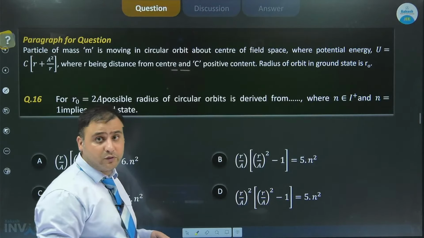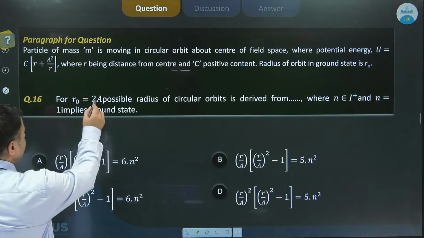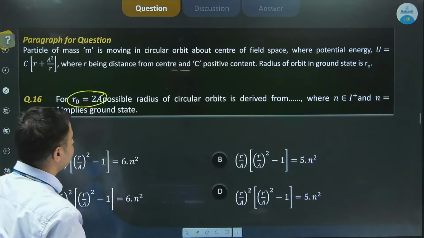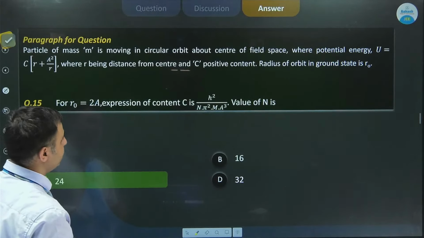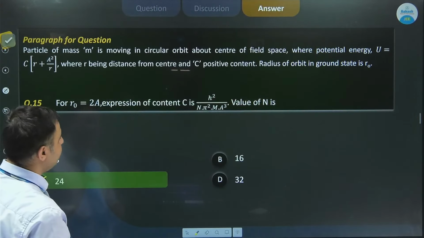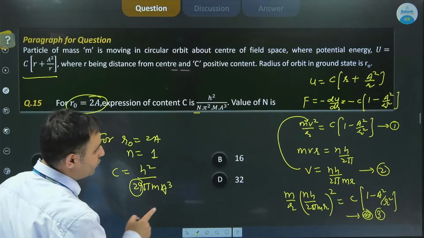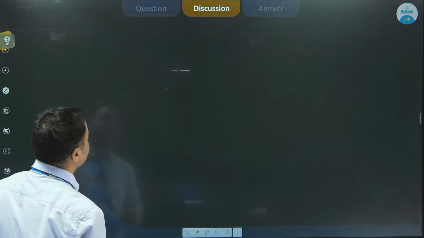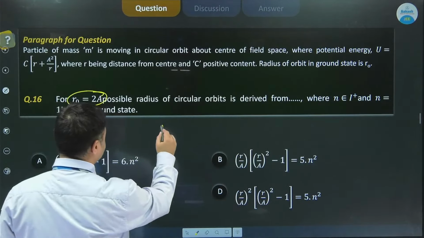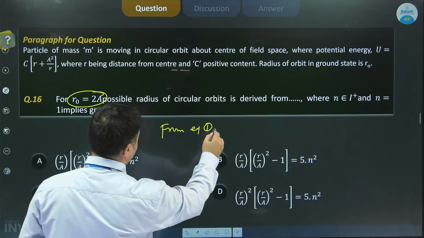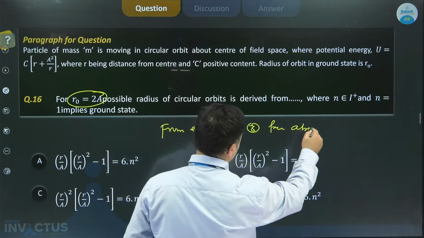Now, let's move on to the next part of the question. For R naught equal to 2a, again for the ground state n equal to 1, we have to find the condition for n. We already derived the 3 equations, equation 1, 2 and 3, from the above part.